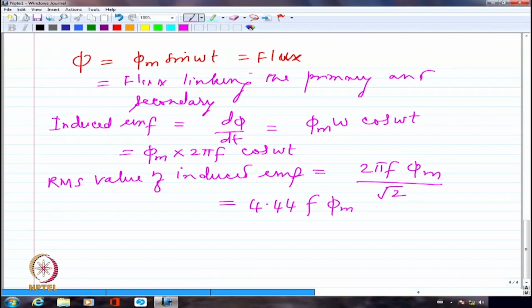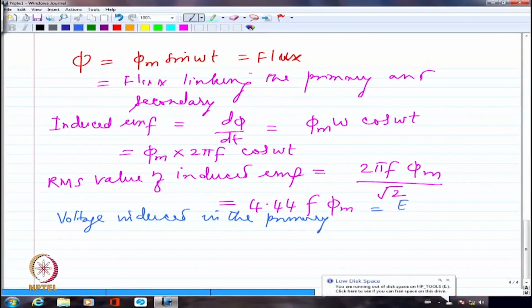If I talk about one turn, the induced EMF is d phi by dt. If I talk about n turns which are connected in series, the total voltage induced will be n times d phi by dt. So I can say voltage induced in the primary, if I say this is ET, that is voltage induced per turn, will be ET multiplied by N1, where N1 is the number of turns in the primary.